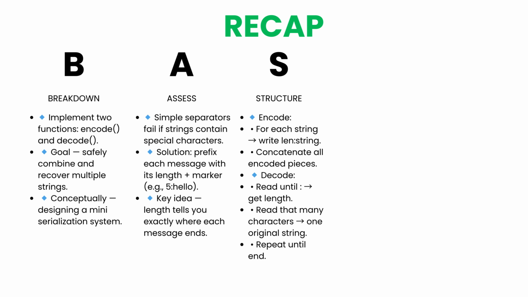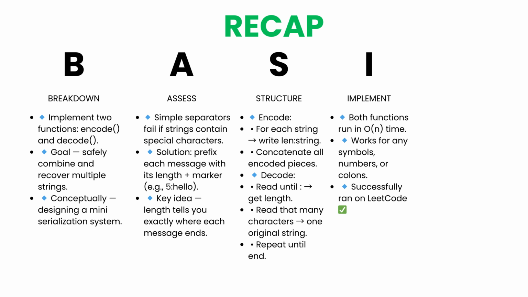Our plan was straightforward. During encoding, prefix every string with its length and a colon, then concatenate them. During decoding, scan the encoded string left to right, read the number before each colon, extract that many characters, and repeat. We applied that logic step by step, ensuring the code cleanly handled all cases, including colons, numbers, empty strings, and long messages, and it ran perfectly on LeetCode.